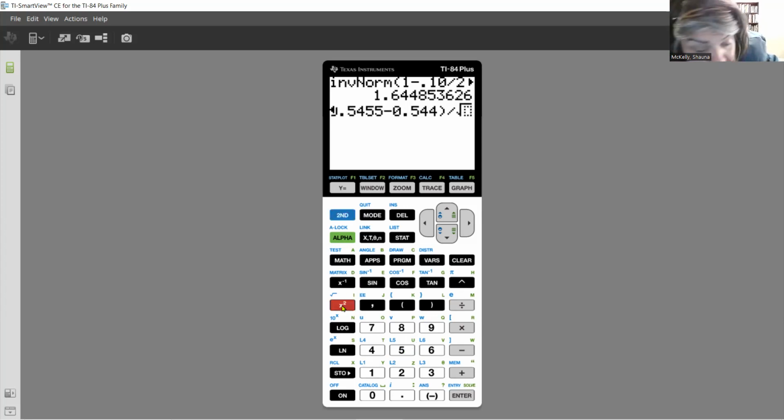Square root. Now, when you do the square root, you lead with the P, which is 0.544.